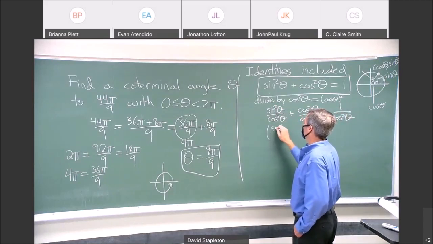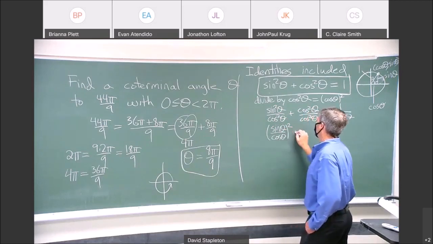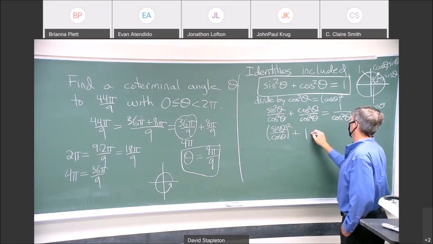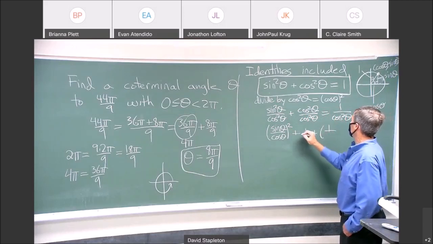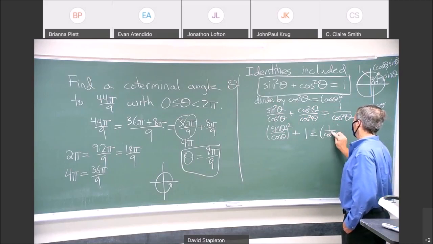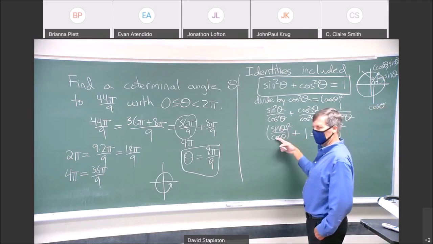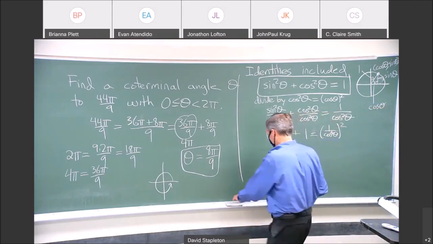This one can be written as sine over cosine quantity squared. This one is evidently 1, and this is 1 over cosine squared. And recall the quotient identity also that we had.